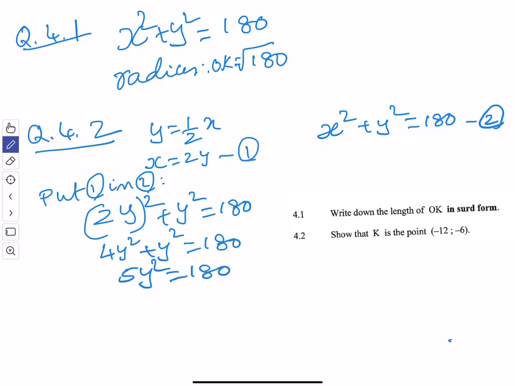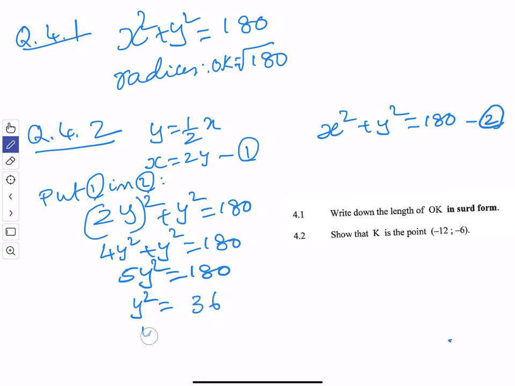I solve for y. I divide by 5 on both sides. I get y squared is equal to 180 divided by 5. I get 36.